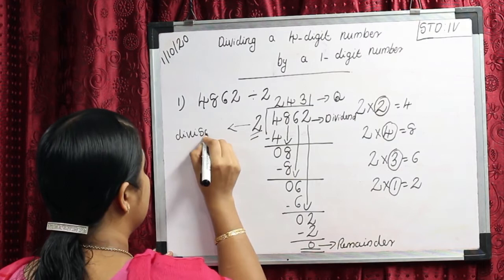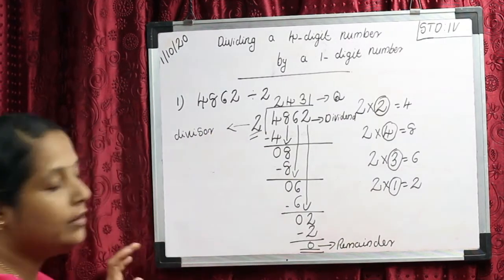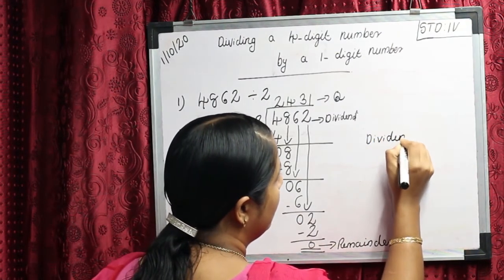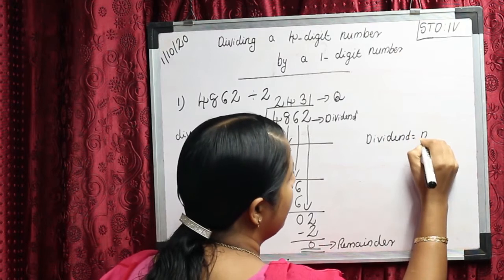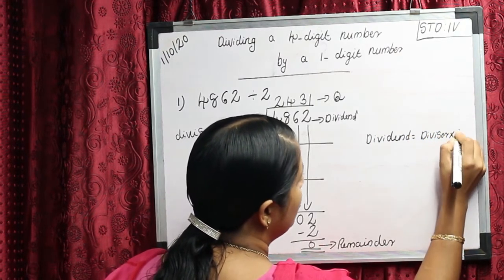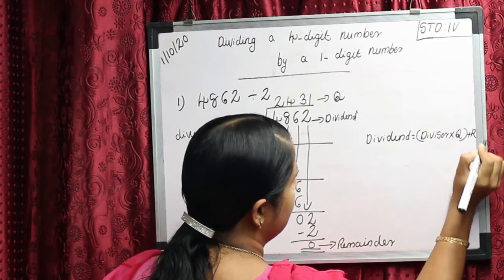In the previous class we already learned how to check our answer is correct using one formula. Dividend equals divisor into quotient, plus remainder.